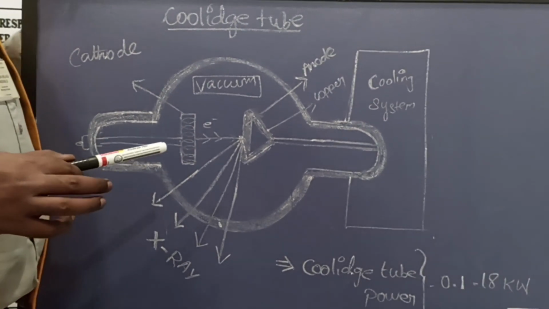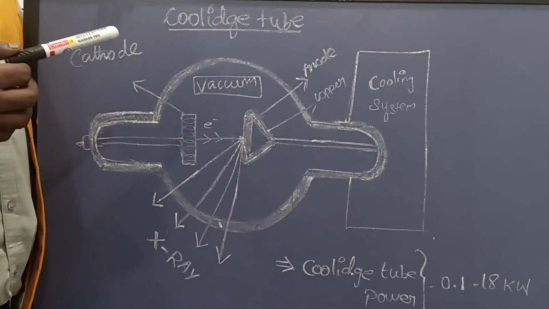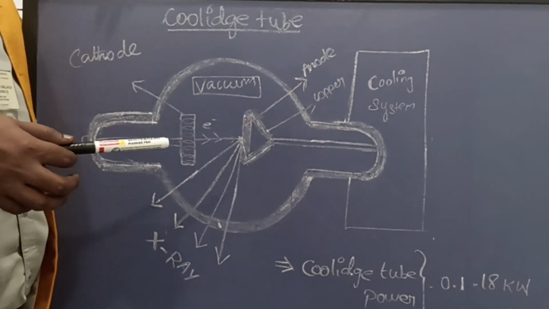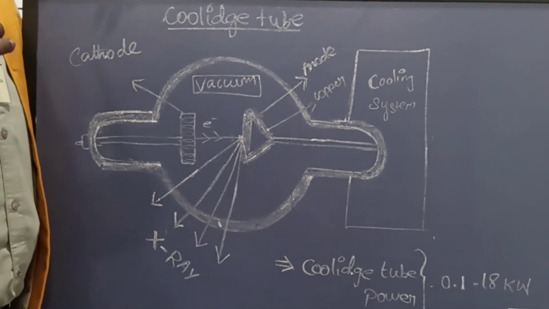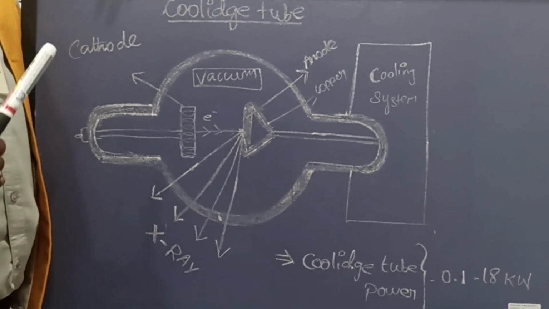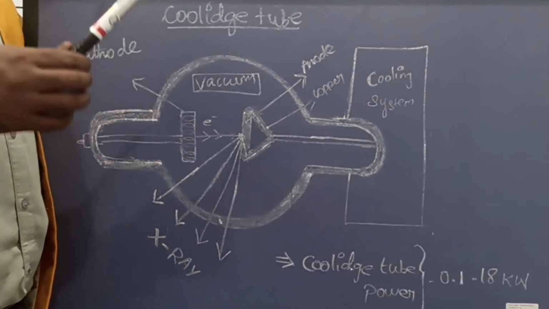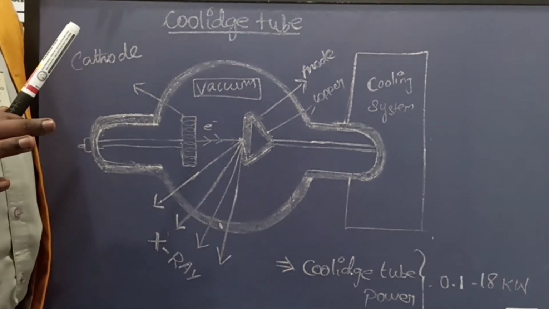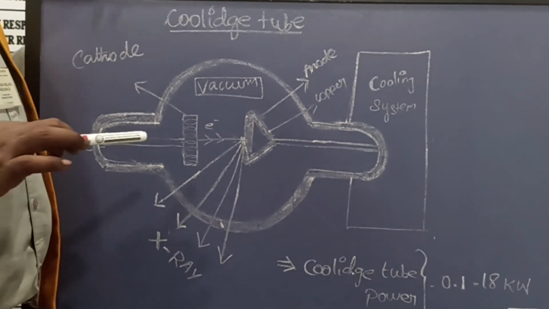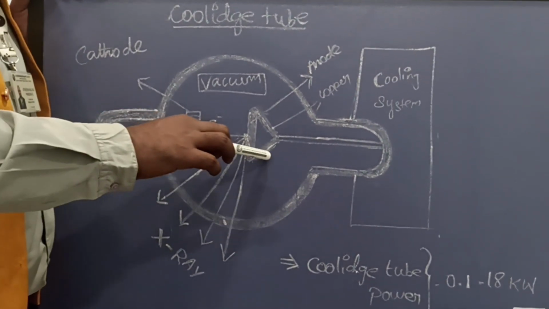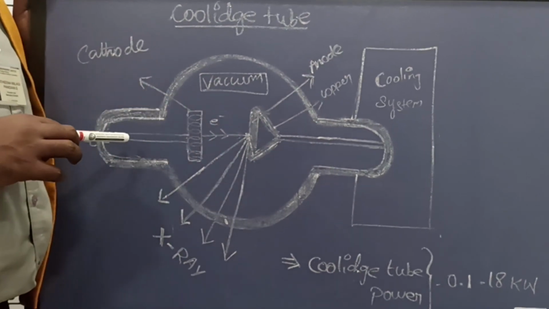I already told you in the principle: when fast moving electrons are suddenly stopped by a metal target. The electrons initially need to get high velocity, and the high velocity electrons should be stopped immediately. Then only we can get an X-ray. Anode and cathode are placed in front of each other.